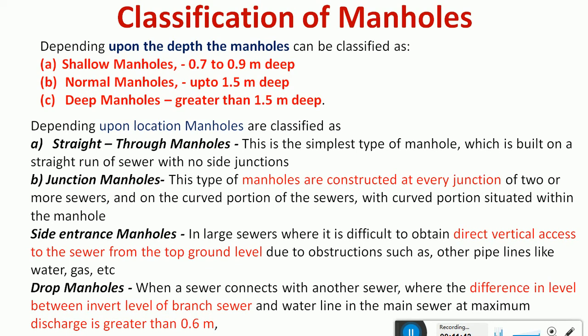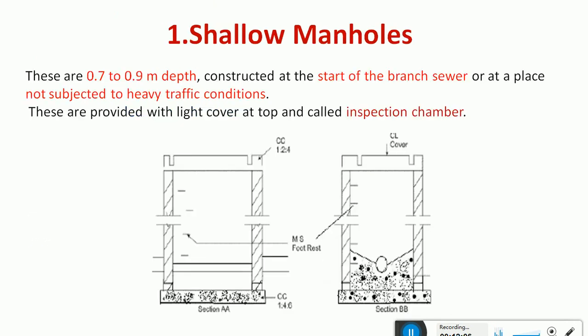In some cases it is difficult to connect the branch sewer and main sewer, depending upon the gradient at a particular site location. Under those circumstances, we construct a manhole, connect the sewer, and then connect it to the main sewer. That kind of manhole we call a drop manhole. This is how the section of a manhole looks.